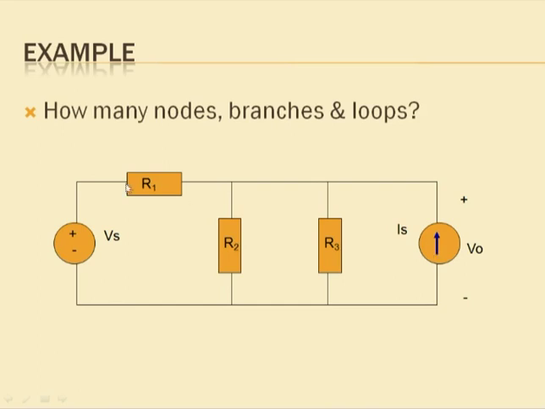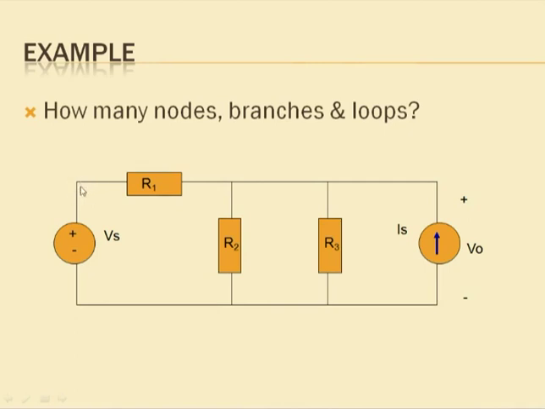Now we are trying to identify the number of nodes, number of branches, and number of loops. Again recall the definition of the node. The node is a junction point in a circuit where more than one branch, that means two or more branches, are connected. Here the first element is the voltage source, and the second element connected at the same point is the resistance R1.